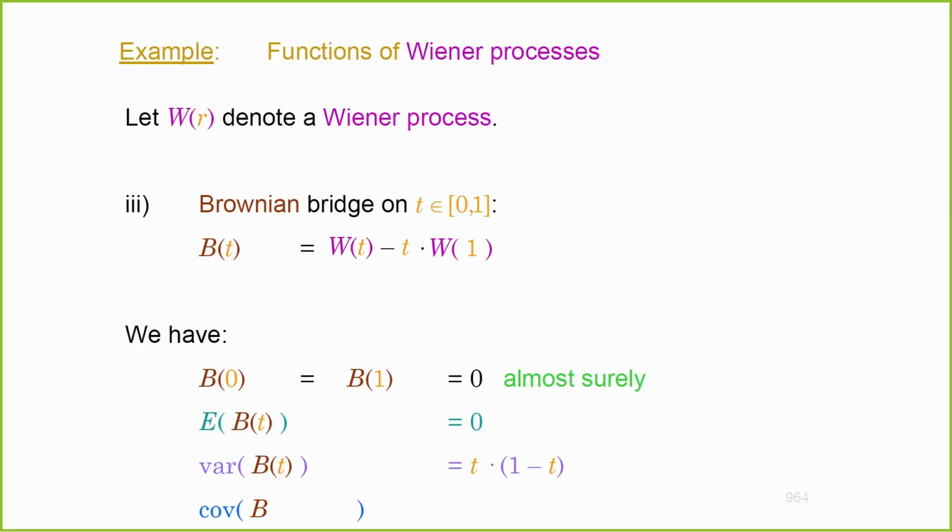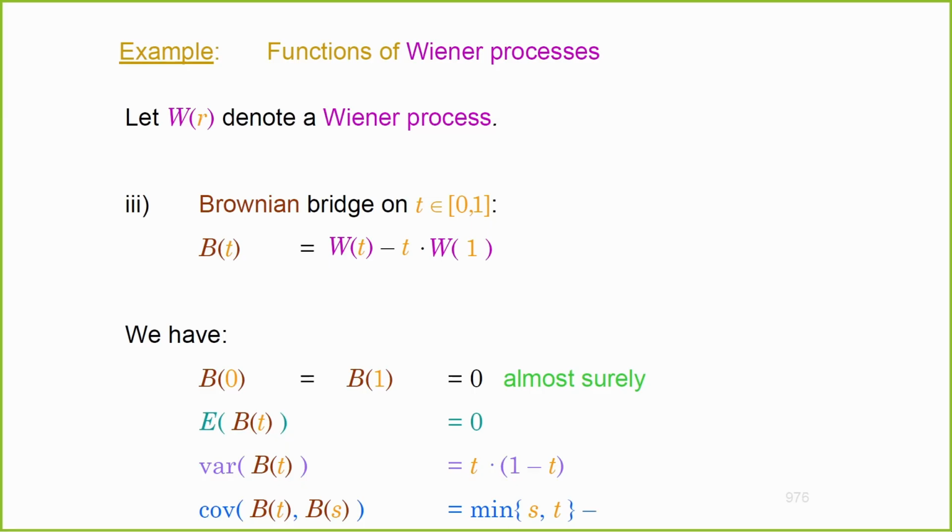And then, of course, you can also address the covariances, or the autocovariances to be more precise. This is another exercise that I would like you to do. I haven't done this because it's actually quite boring, but it's a good one to deal with expectations and variances and so forth. This is the minimum of t and s, which is quite similar to that of the Wiener process.